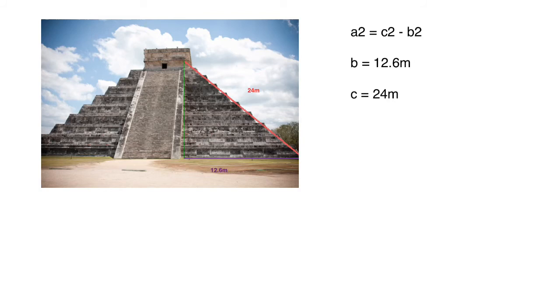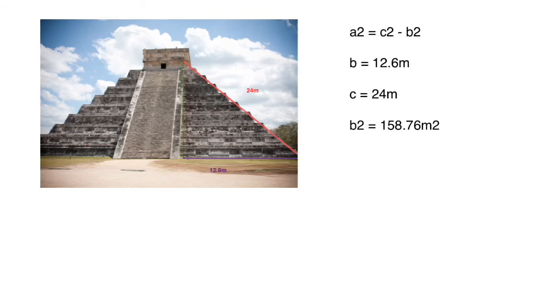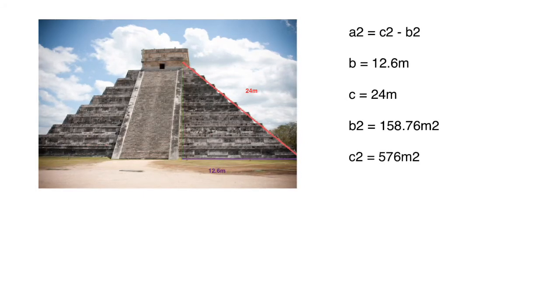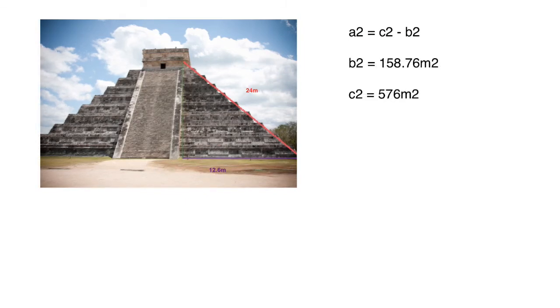Our next step will be to get the square of B and C. So the square of B is 158.76 square meters, and the square of C is 576 square meters.